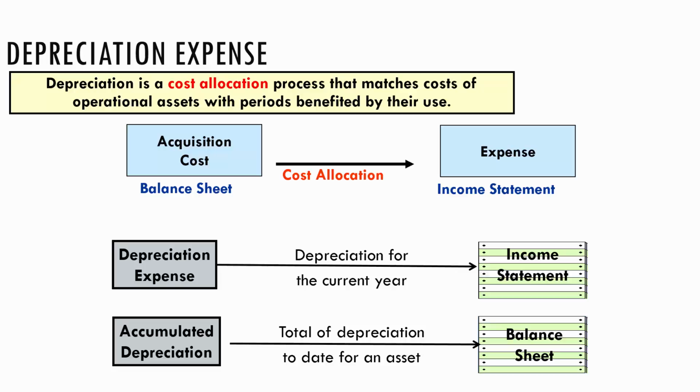Now, instead of doing a credit to that automobile account or that specific long-lived asset account, we are going to be crediting an account which is a contra account, and it is accumulated depreciation. It shows up on the balance sheet, and it is like a holding bucket that accumulates all the depreciation expense that this asset has ever had.